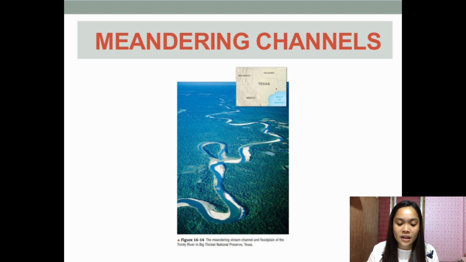Meandering generally occurs when the land is flat and the gradient is low, especially when most of the load being transported by the stream is fine-grained suspended load. A meander shifts its location almost continuously.